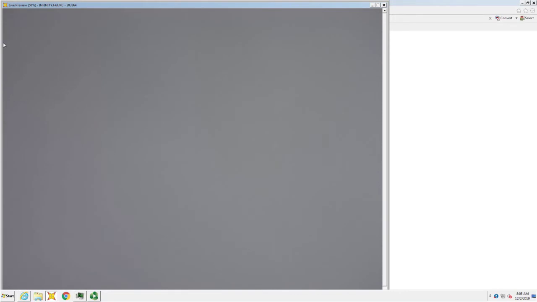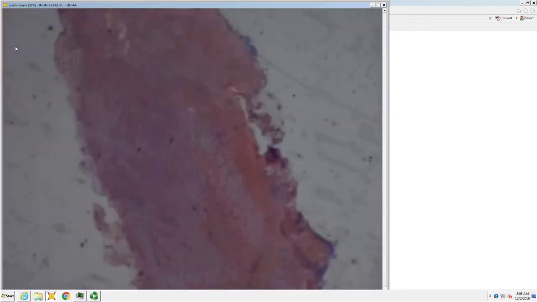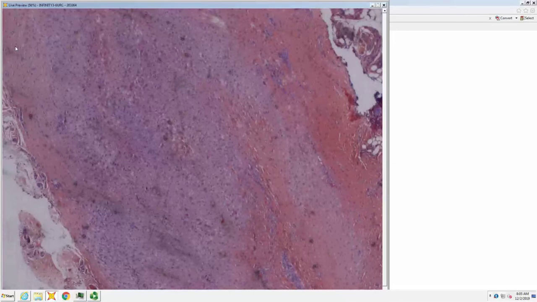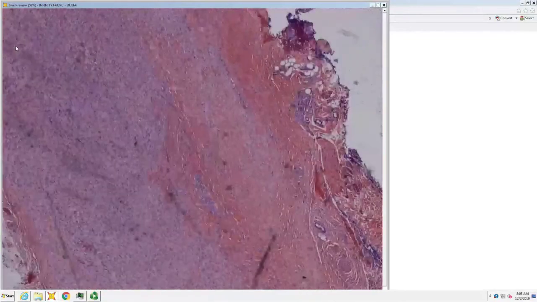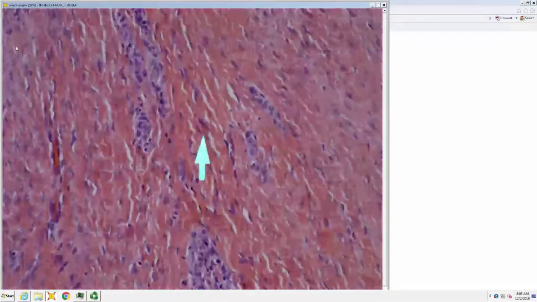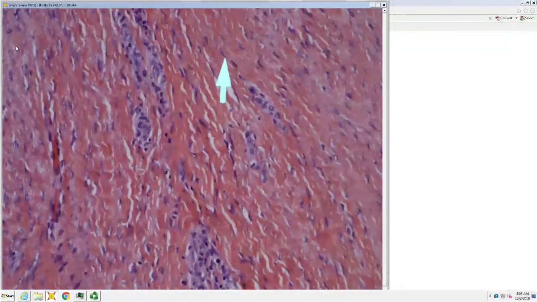So you have hypercellular and hypocellular areas. It's got a linear configuration and they are distinctly corkscrew in appearance.